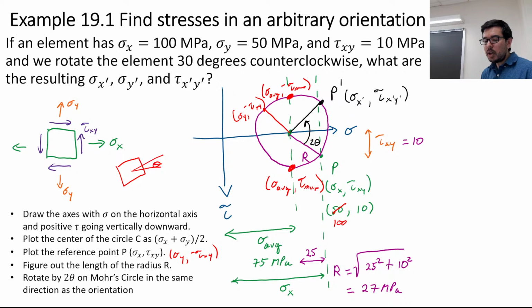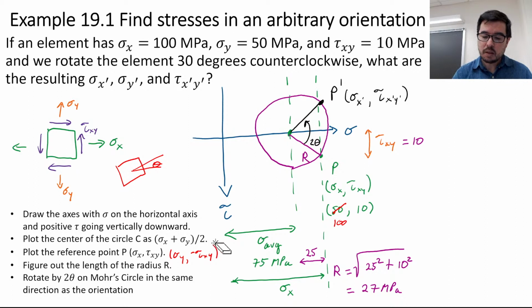There's quite a bit here to kind of settle on, but it's very useful once you get it. So this is where the maximum in-plane shear stress is. Now let's talk about where the maximum normal stress is. The maximum normal stress is here, right?